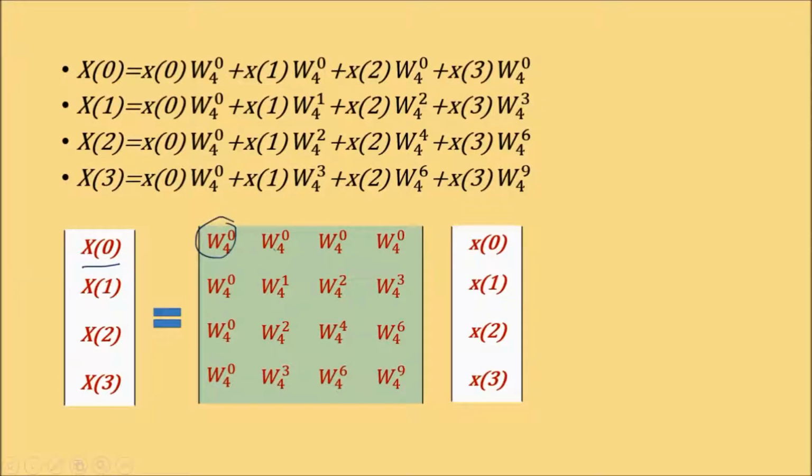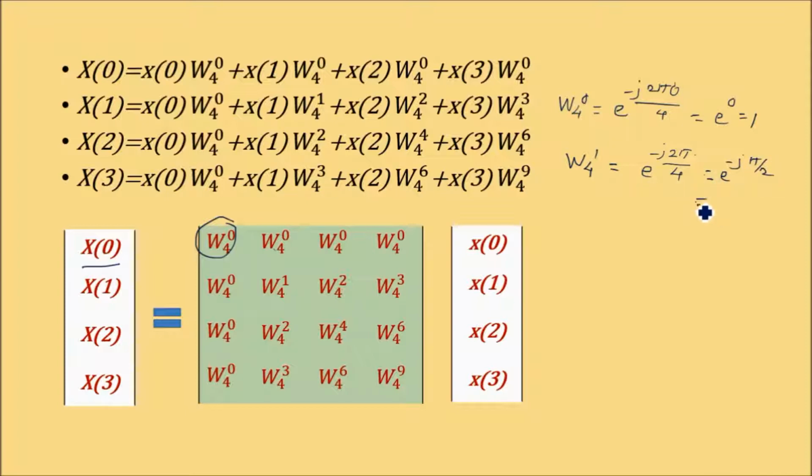So w4 is to 0, I will calculate it. Suppose w4 raised to 0, it means e raised to minus j 2 pi nk, where the value is 0 divided by 4, so it is e raised to 0, which is 1. If you calculate w4 raised to 1, it is nothing but e raised to minus j 2 pi 1 divided by 4, so it is e raised to minus j pi by 2.